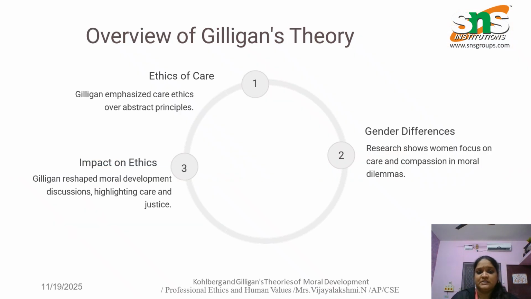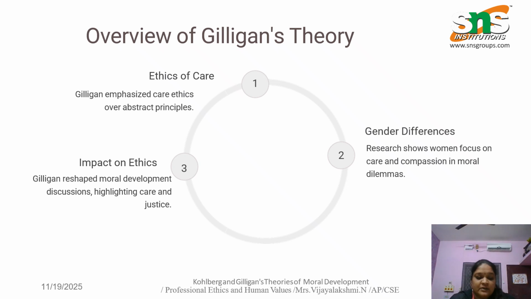An overview of Gilligan's theory, the ethics of care. Gilligan emphasized care ethics over abstract principles. The next is gender difference: research shows women focus on care and compassion in moral dilemmas. And the next is the impact on ethics.